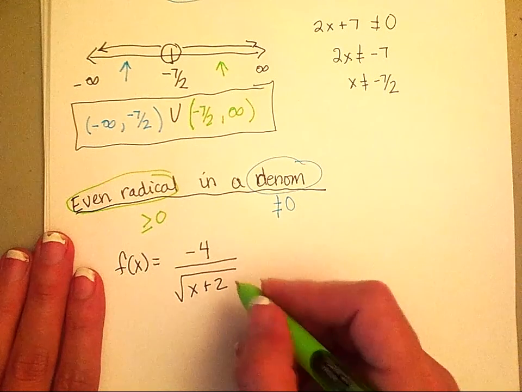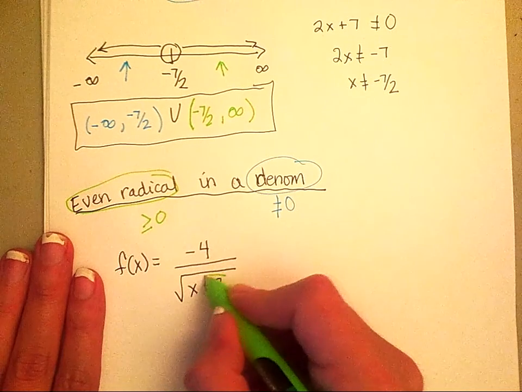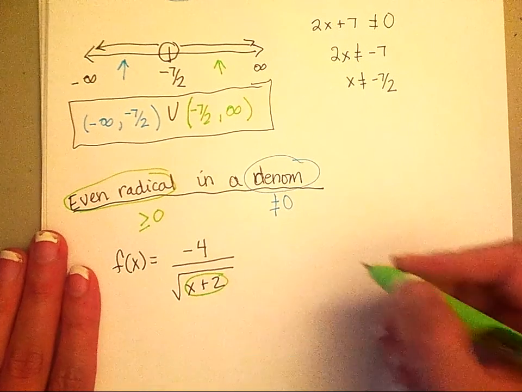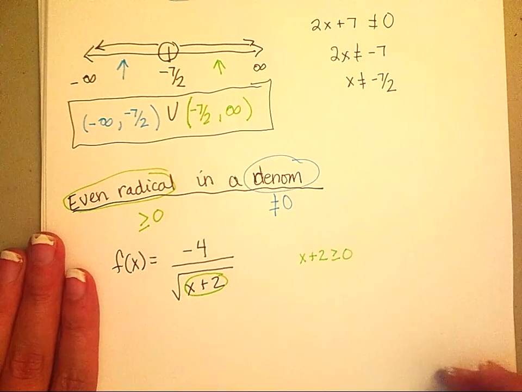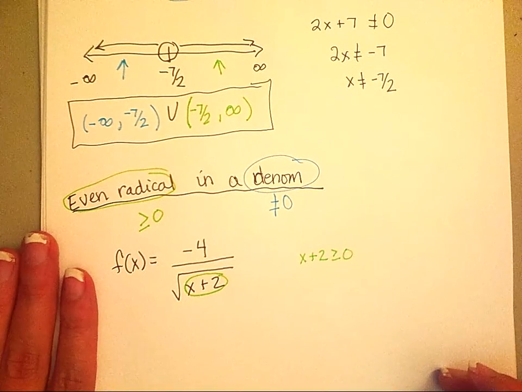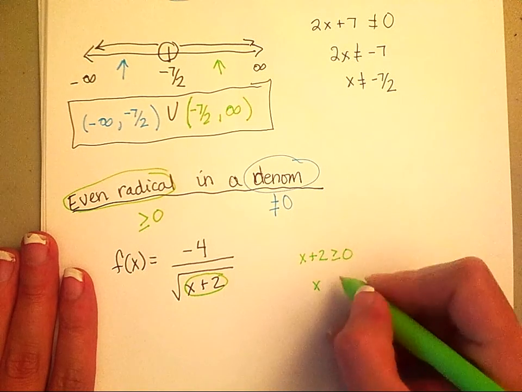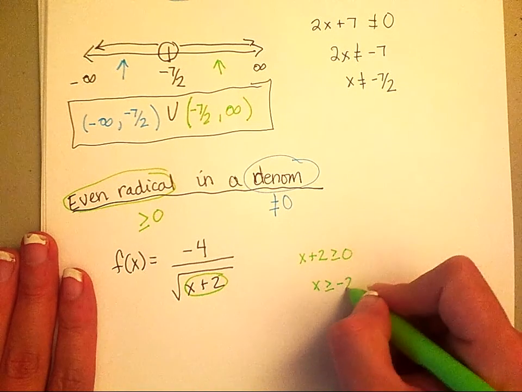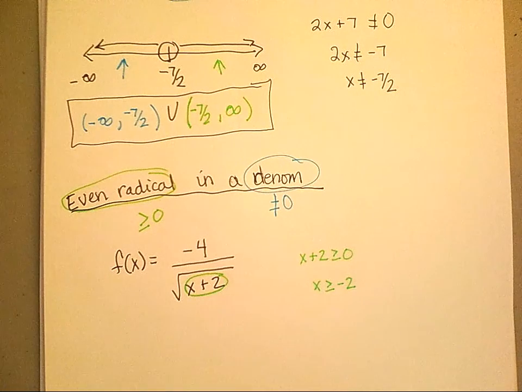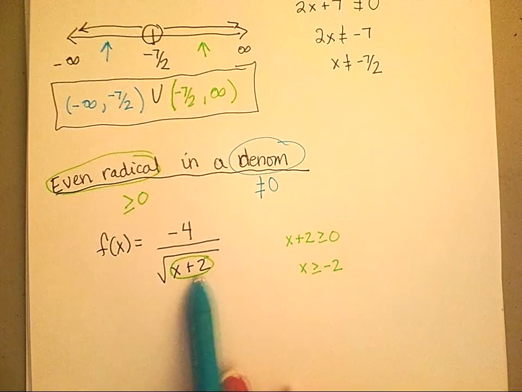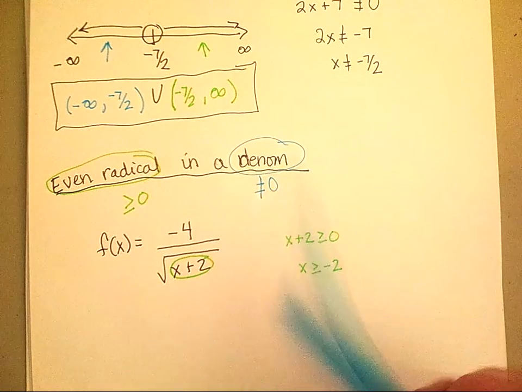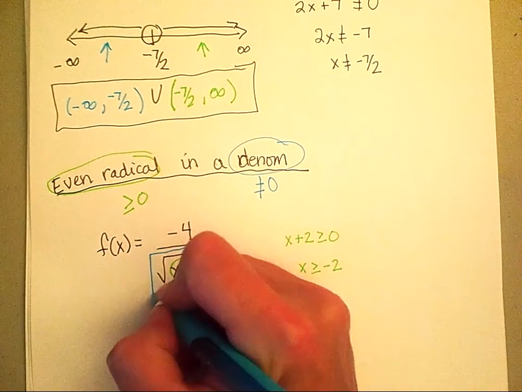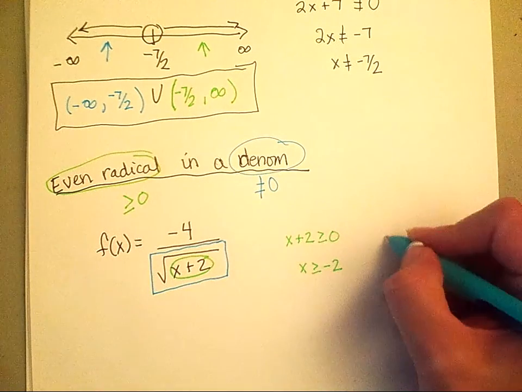So what is what? Well, with the radical, I have to worry that what's underneath the radical, that x plus 2, has to stay greater than or equal to 0. So we know that x has to stay greater than or equal to negative 2. That's just for the domain of this radical. Now we have a denominator, and I have to worry about that.